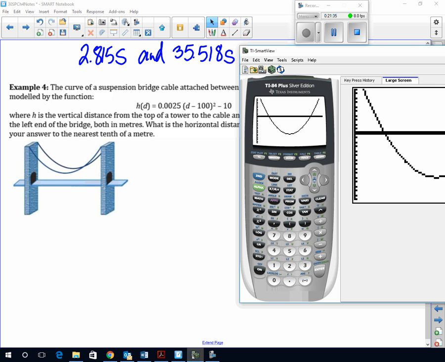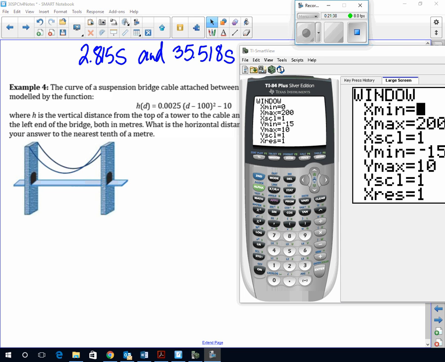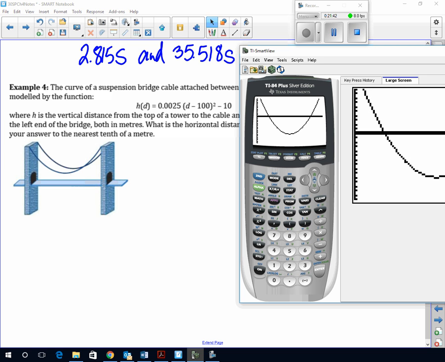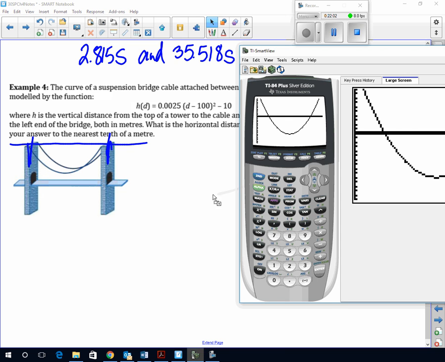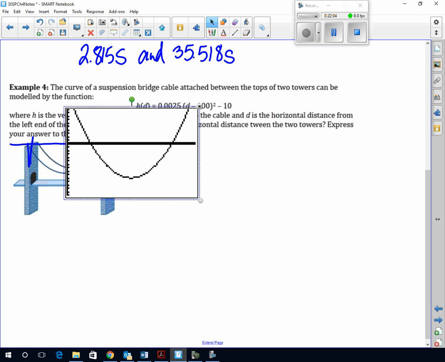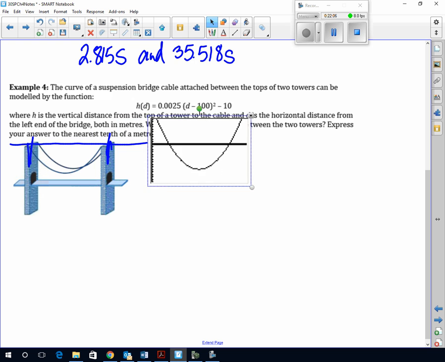So how am I going to figure out the horizontal distance between? Does everybody see that this right here and this right here is this part of the graph? Look, I'm going to take this out so you can compare it. Does everybody see? Look at this comparison. Actually it'd be more like this, right?